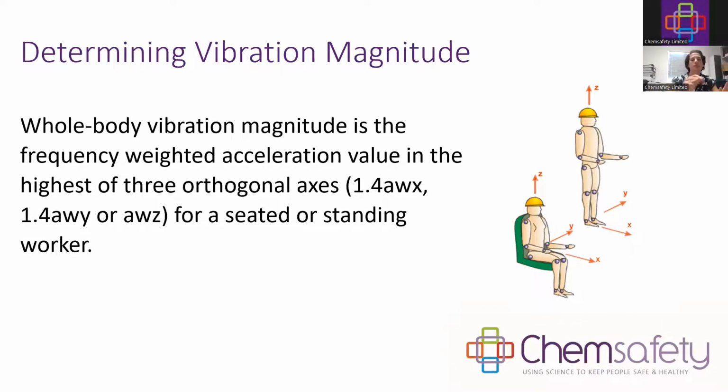So the person is bouncing up and down constantly on the seat. Whereas the y-axis is also uneven driving surfaces, or going around corners very, very abruptly. And then the x-axis is stopping and accelerating very quickly and not doing it in a controlled fashion.